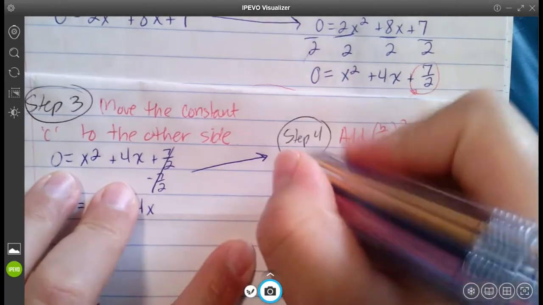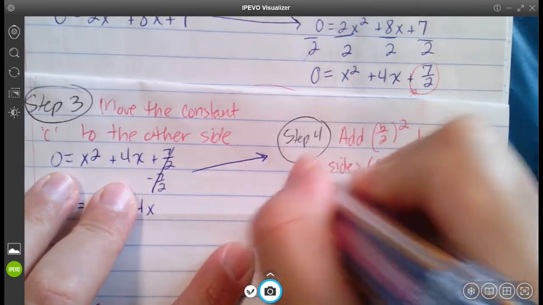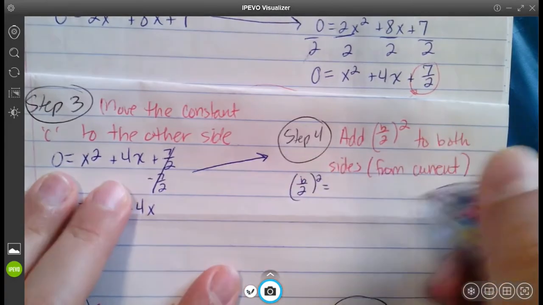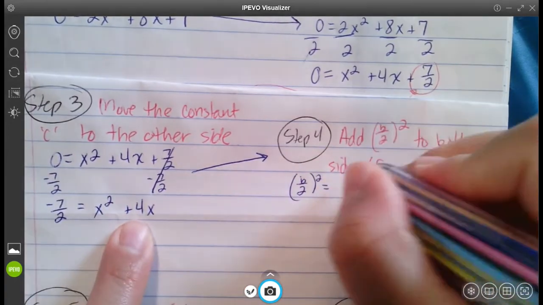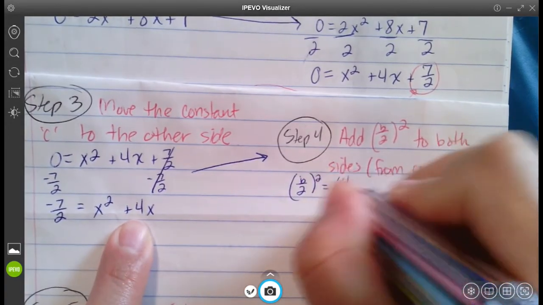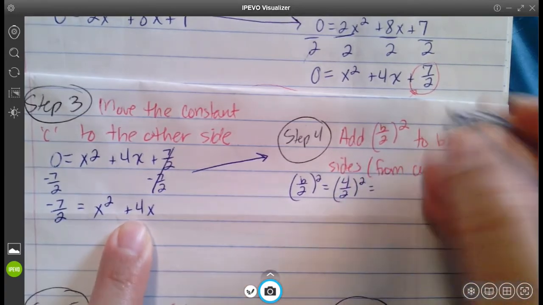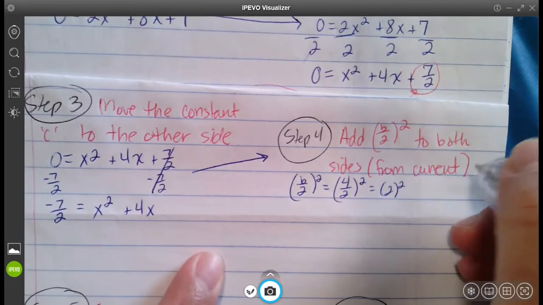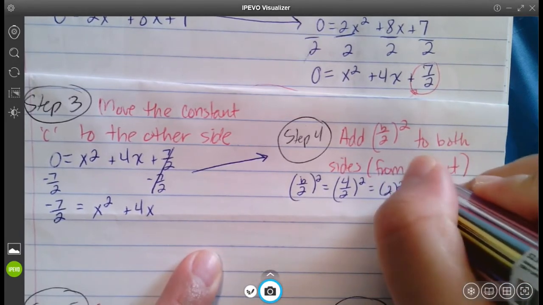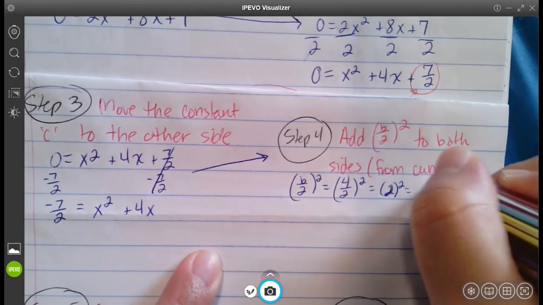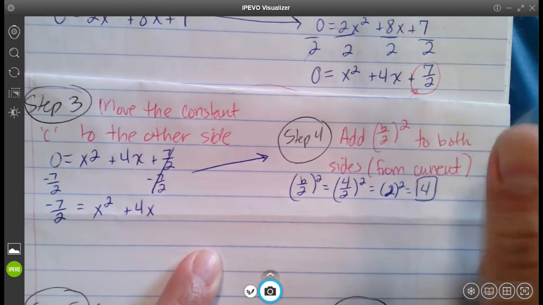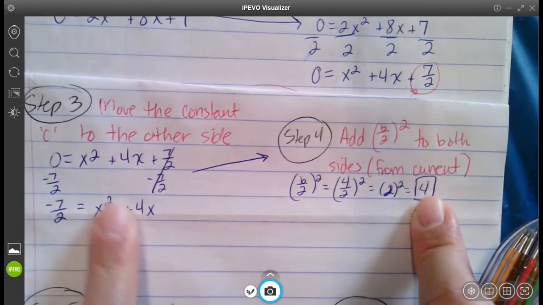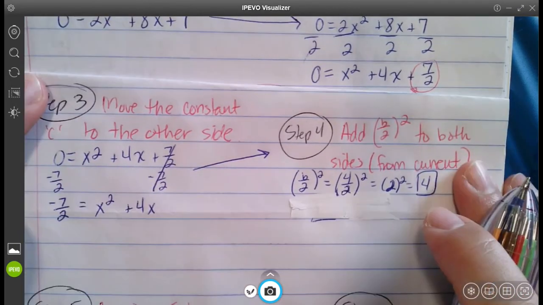So b over 2 squared is going to be equal to 4 divided by 2 squared, which is 2 squared, which is 2 times 2, which is just 4. So I'm going to add 4 to both sides of this equation.